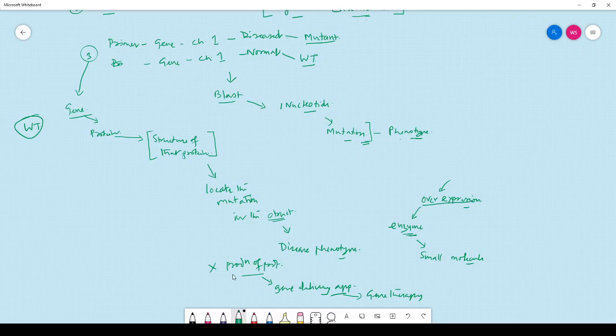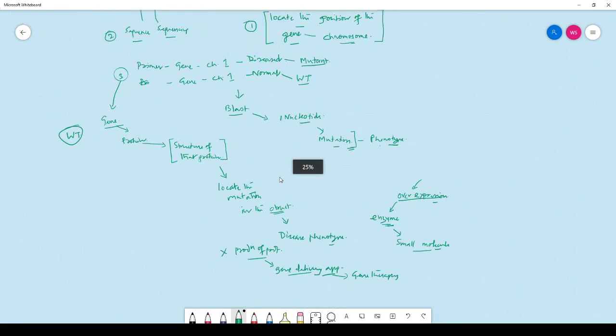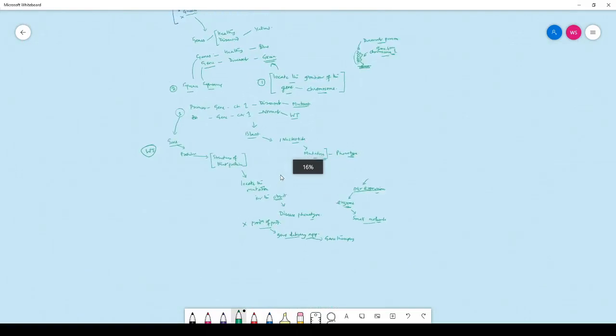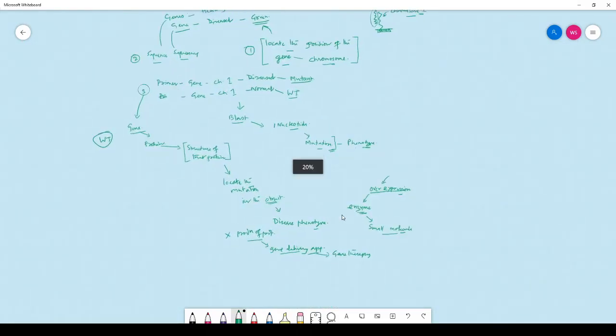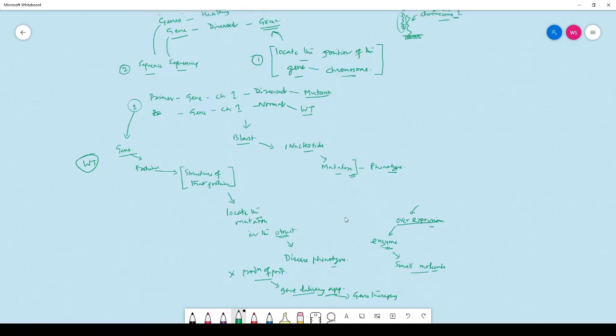If it is underexpression, our therapeutic strategy will be to deliver a gene. If it is overexpression, we can develop a small molecule inhibitor. Okay. So all this information we can use to design appropriate therapy.